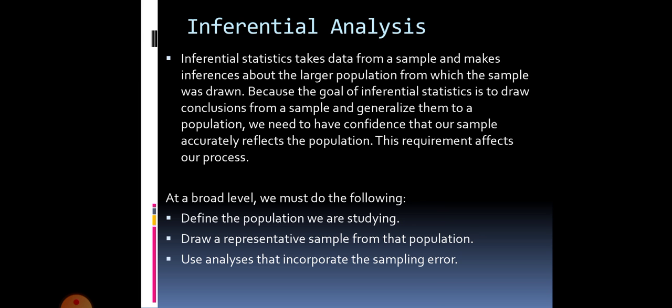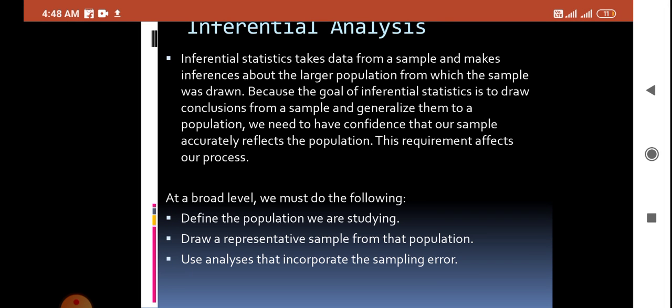Inferential analysis. What is inferential analysis? Inferential statistics take data from a sample and make inferences about the larger population from which the sample was drawn. It means first we take a sample, and from that sample we make inferences about the larger population.